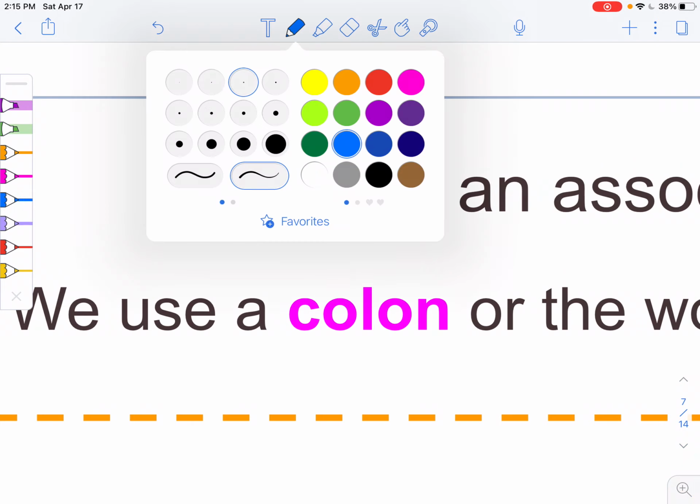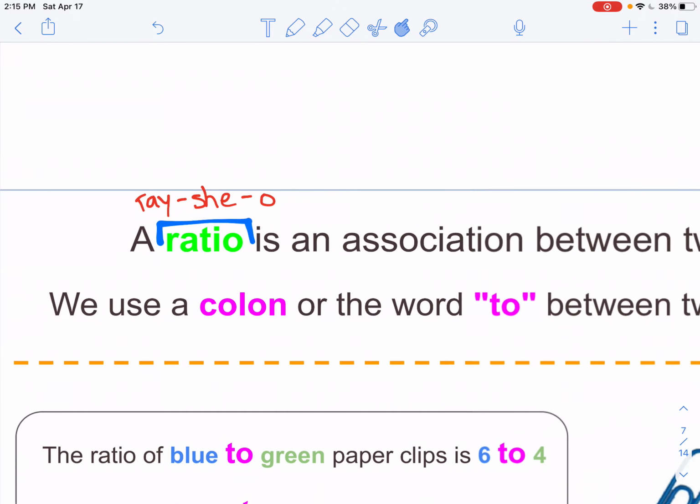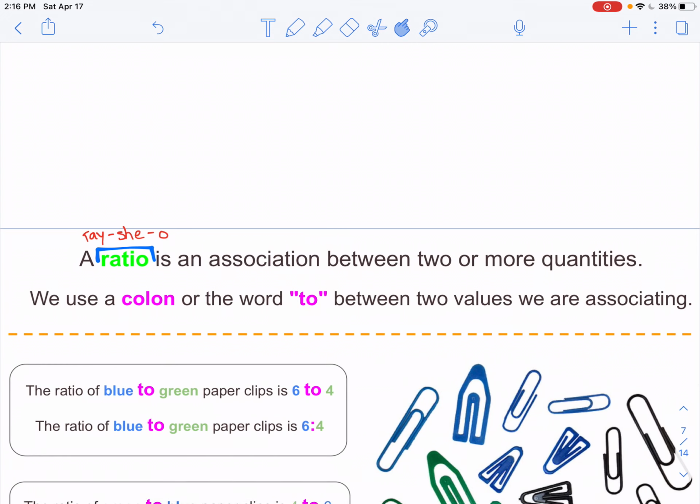First we say ray, like a ray of sunshine. Then she, a pronoun. And then O. So it looks like radio, but we say ratio. A ratio is an association between 2 or more quantities. We're really saying, how are these things related?